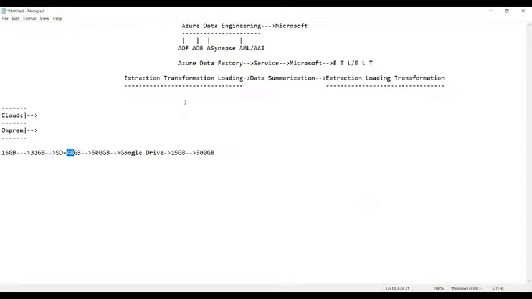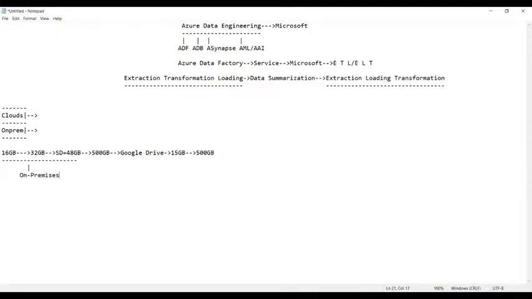No. This is a very good example, guys. That means the 48 GB which you stored in your previous mobile phone which you lost, this is called on premises.